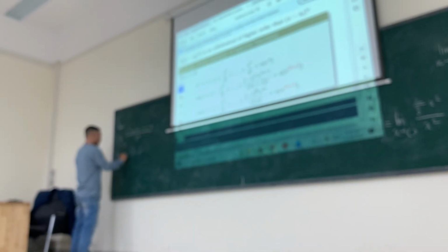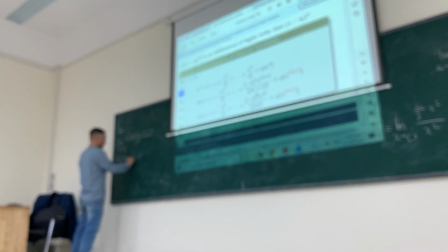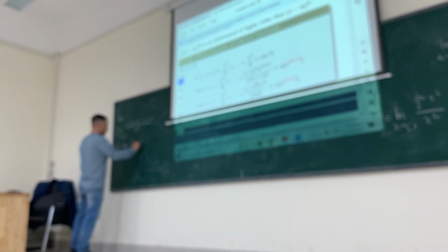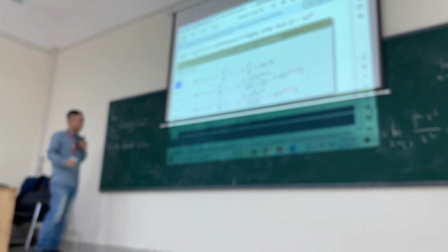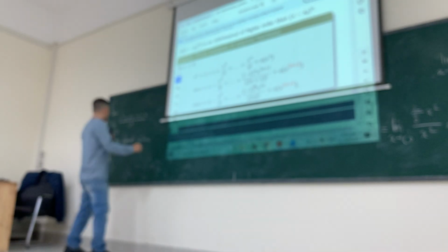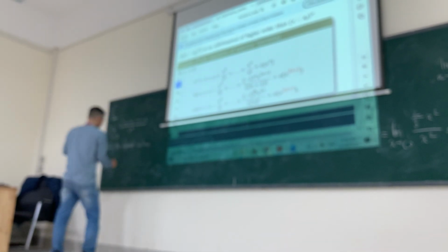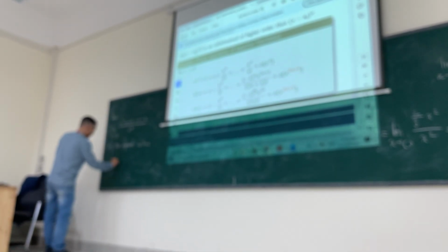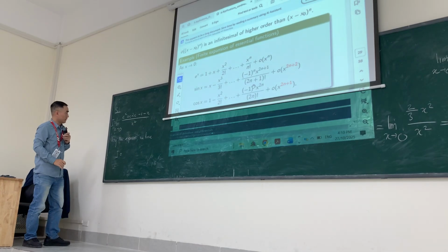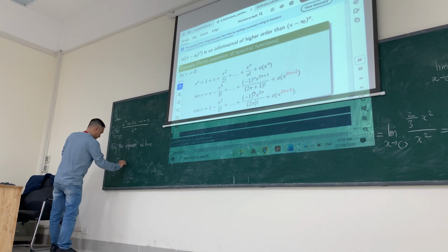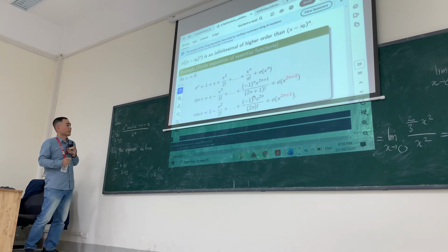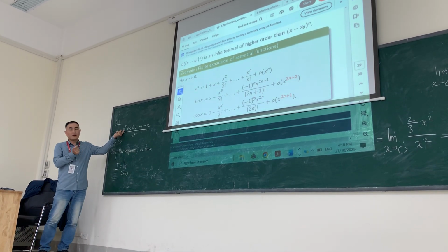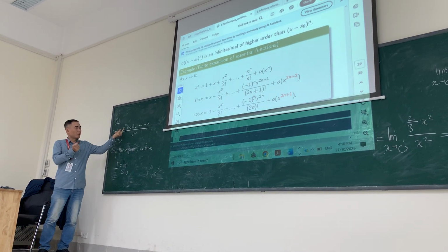The model is expansion. We have the limit as x tends to 0. Now, we want x squared to appear.